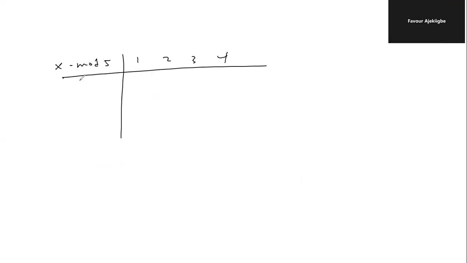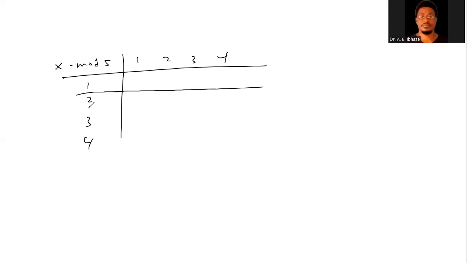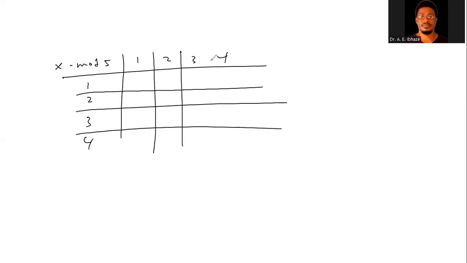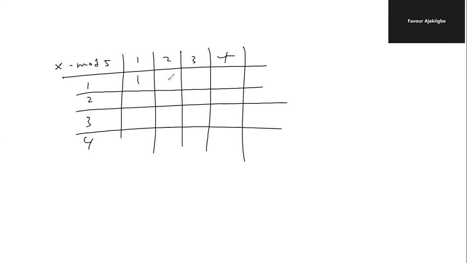We have 1, 2, 3, 4 and 1, 2, 3, 4. 1 times 1 is 1. 1 times 2 is 2. 1 times 3 is 3. 1 times 4 is 4. 2 times 1 is 2. 2 times 2 is 4. 2 times 3 is 1. 2 times 4 leaves remainder 3. 3 times 1 is 3. 3 times 2 is 1. 3 times 3 is 4. 3 times 4 is 2.